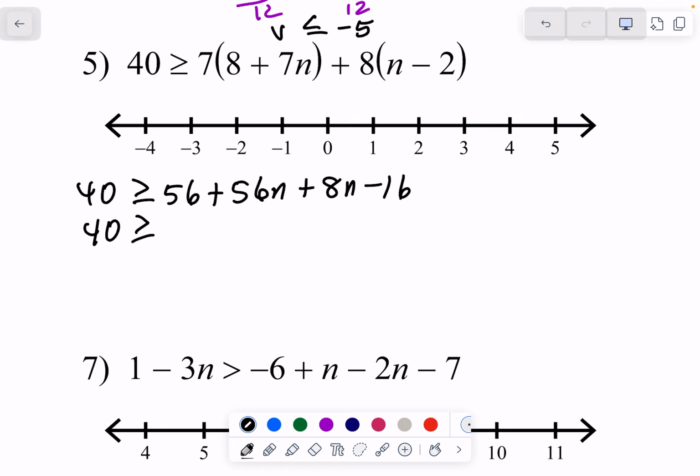Now we've got this list where we have some like terms. Our n's can be combined. 56n plus 8n is 64n. And then we have some just numerical pieces. 56 minus 16 is 40.